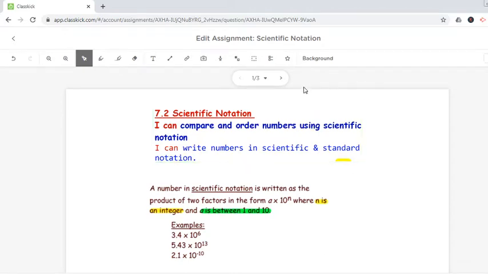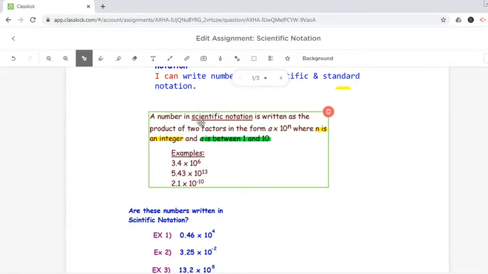Okay, today we are doing scientific notation. I can compare and order numbers using scientific notation. I can write numbers in scientific and standard notation.